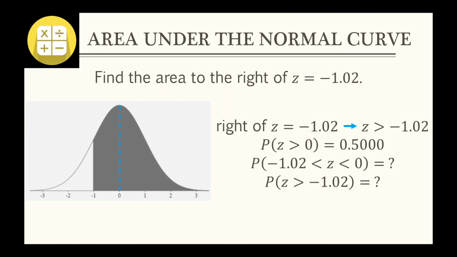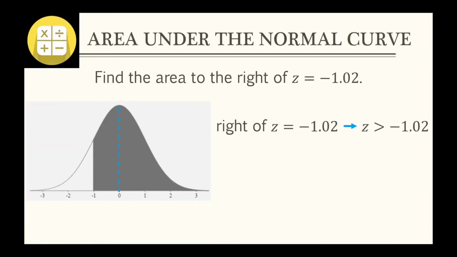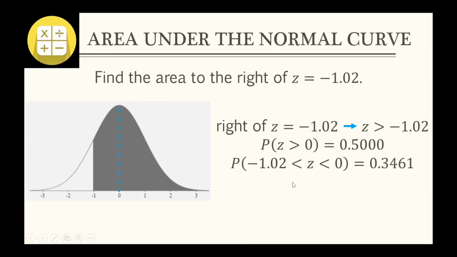So now, let us use the standard normal table for z in getting the area from negative 1.02 to 0. And that is 0.3461. So here, the probability of negative 1.02 to 0, that is 34.61%.